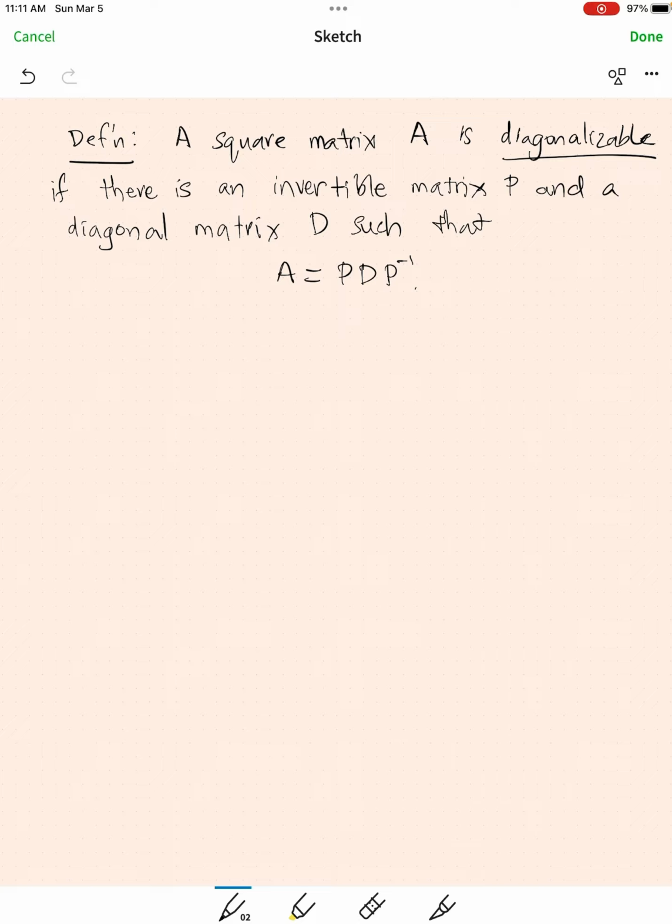Actually, we'll talk about something slightly different, and we'll see the connection between where this comes from.